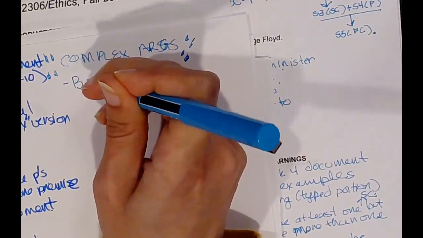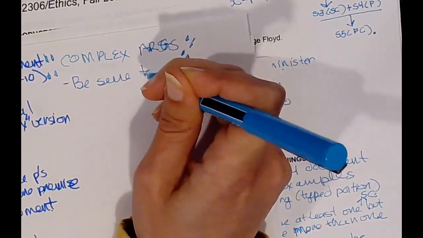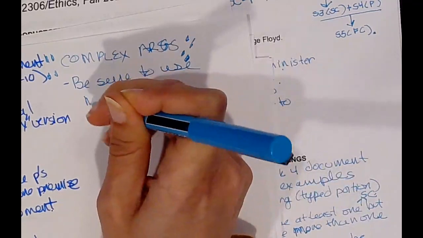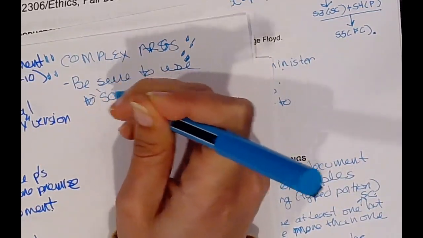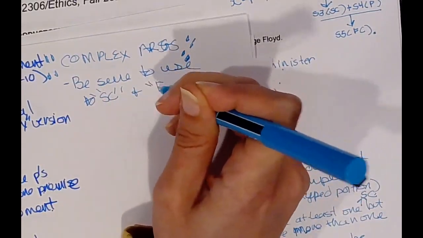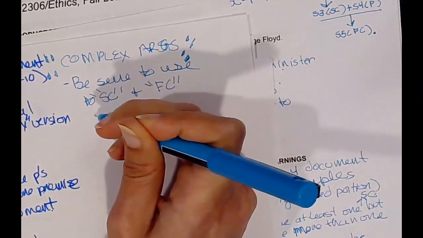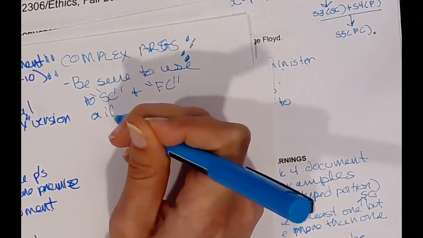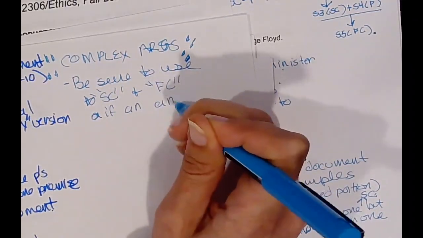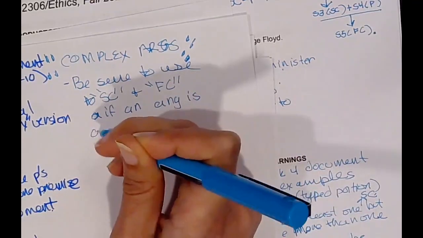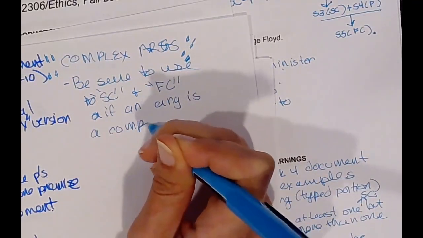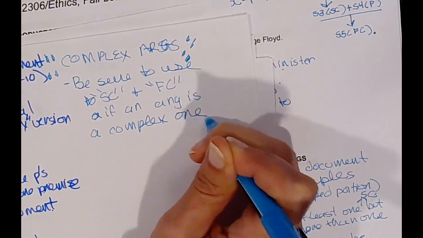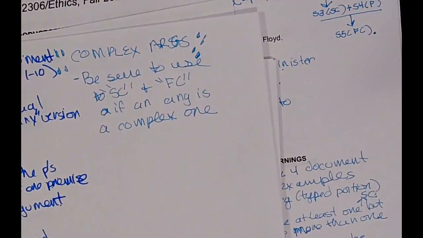Be sure to use new SC and FC as if an argument is a complex one. Remember, in your own mind, you might think a complex one is difficult and hard to read, hard to understand, but that's not how we're using complex.